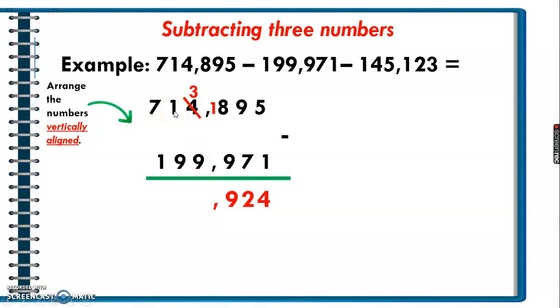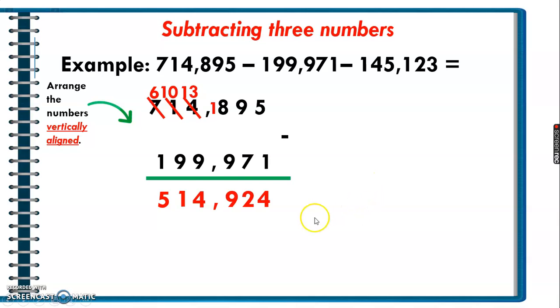So we can borrow from number 1. 1 will be 0 and 3 will become 13. So 13 minus 9 is equal to 4 and 0 minus 9 cannot be, right? So we can borrow from number 7 and 7 will be 6 and 0 will become 10. Very good. So now we can subtract. So 10 minus 9 is equal to 1 and 6 minus 1 is equal to 5.